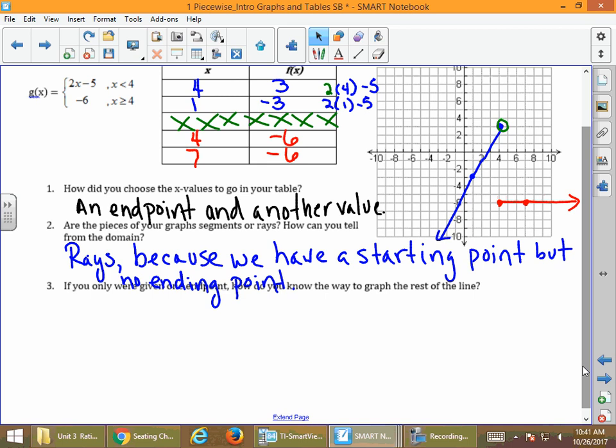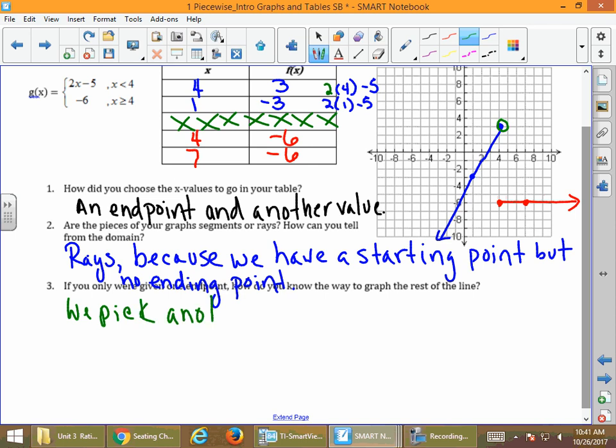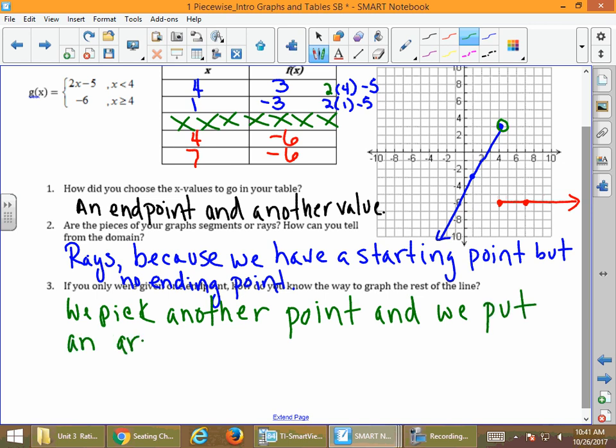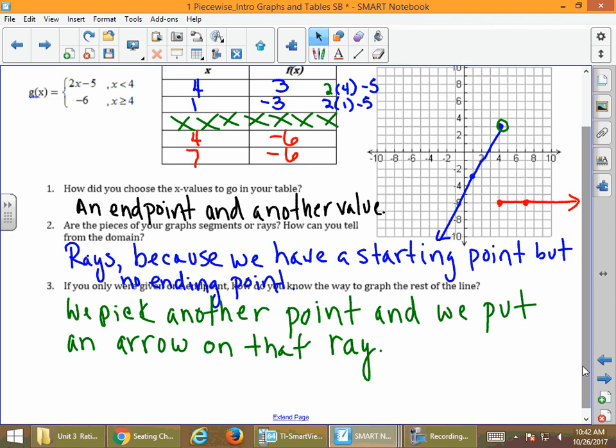Well, we pick another point and we put an arrow on, let's say, on that line. And actually, I'm going to say on that ray. Pick another point, and we put an arrow on that ray.